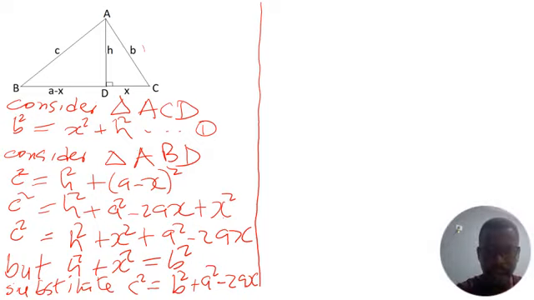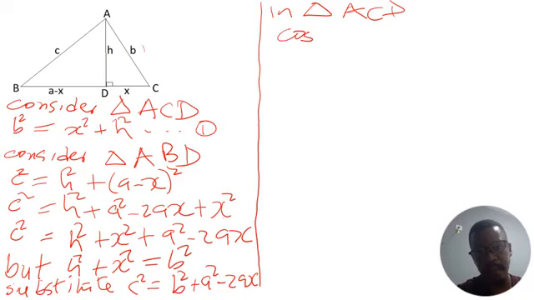If you also consider a triangle, in triangle ACD, we know that cos C is equal to, let's consider SOHCAHTOA on that one.